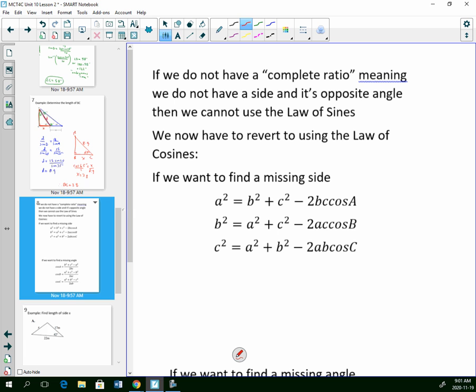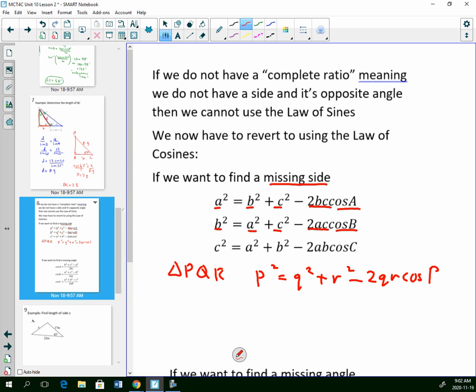There is a pattern. If I want side A, so these are sides, it's the other two sides squared, minus 2 times the other two sides, cosine of the angle that I need, right? So if it's B, it's the other two, A and C, minus 2 times A and C, cosine of B. So let's say we had triangle PQR, and I wanted P. It would be the other two, so Q and R, minus 2 times Q and R, and then cosine of the angle.